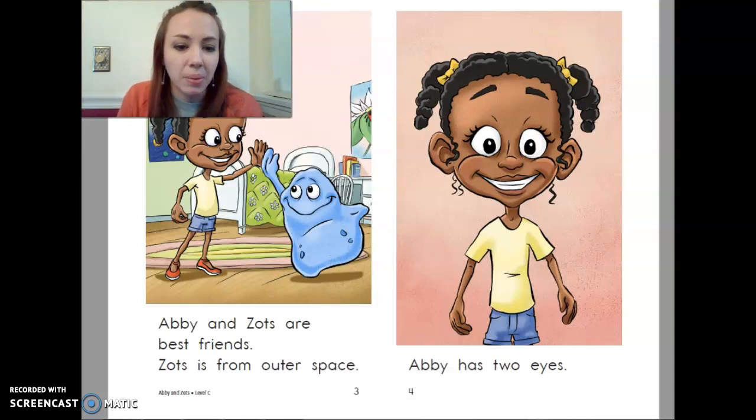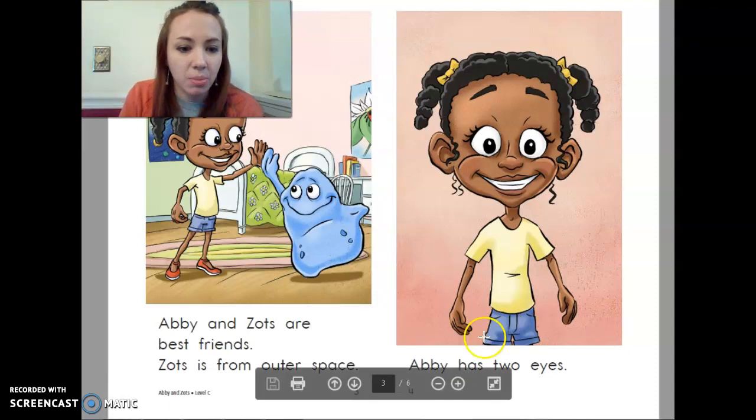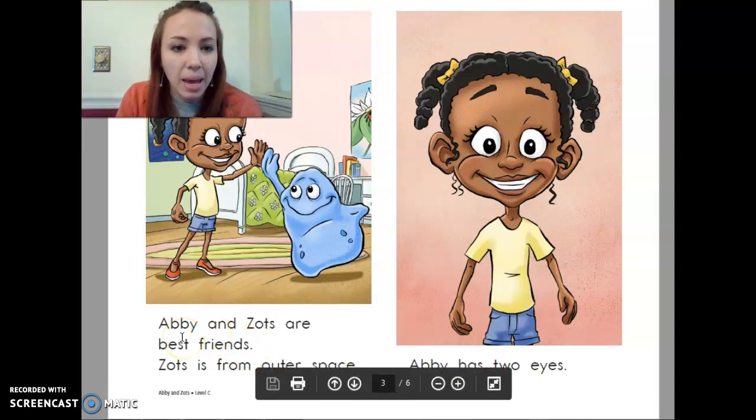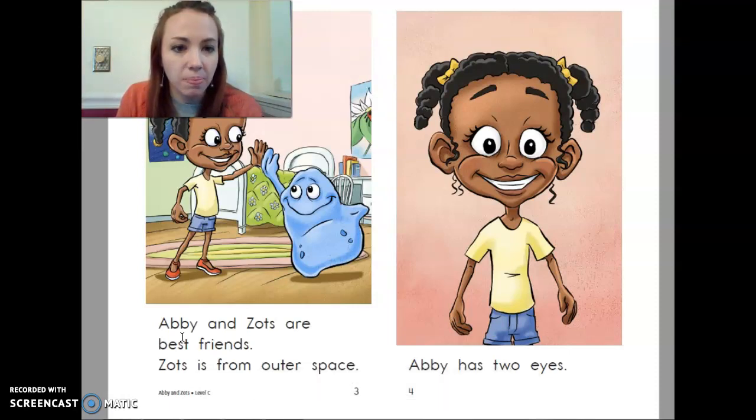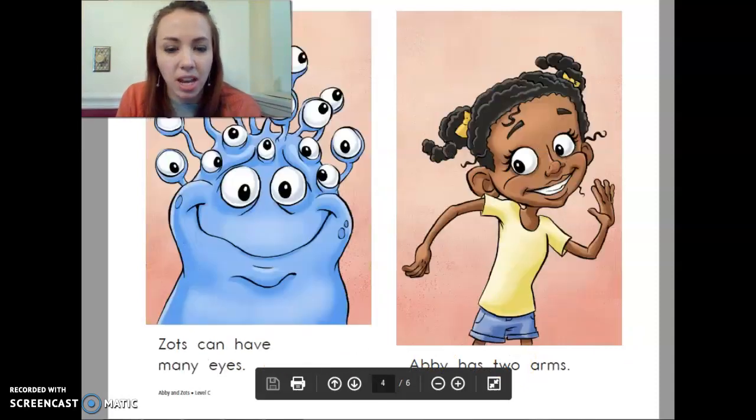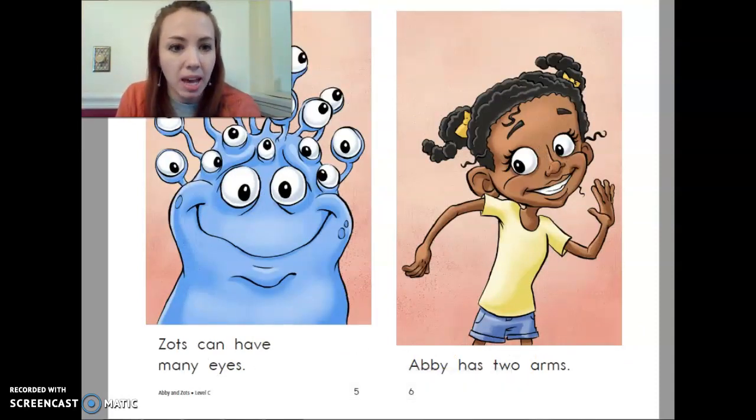Okay? Go ahead and you're going to repeat after me. My turn, your turn. Abby and Zots are best friends. Zots is from outer space. Abby has 2 eyes. Great job. Remember, my turn, your turn. Zots can have many eyes.